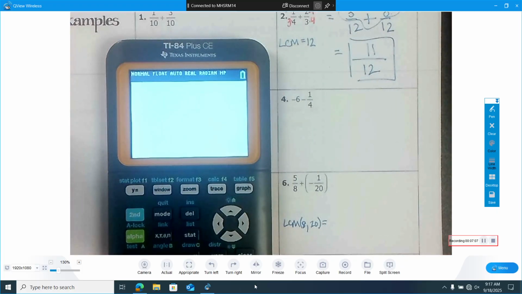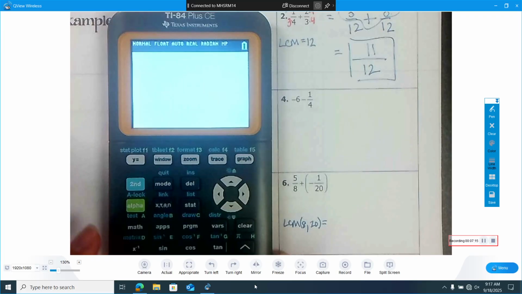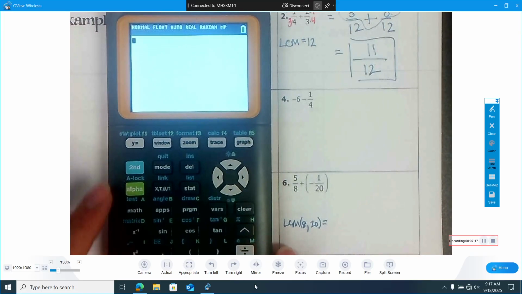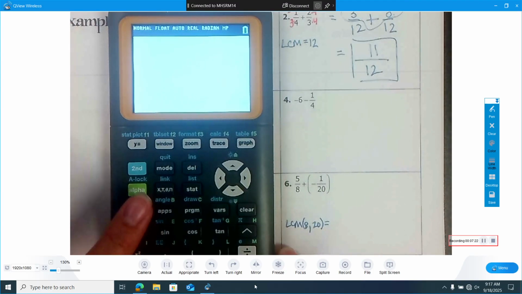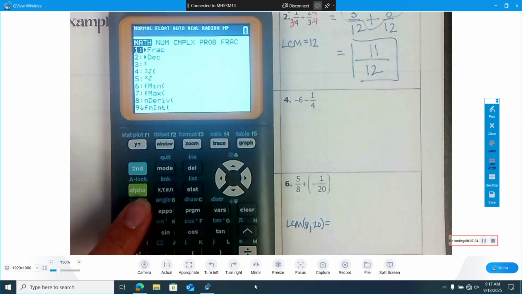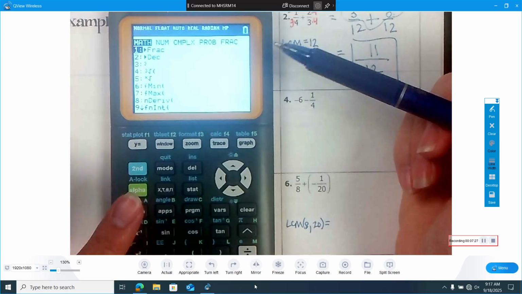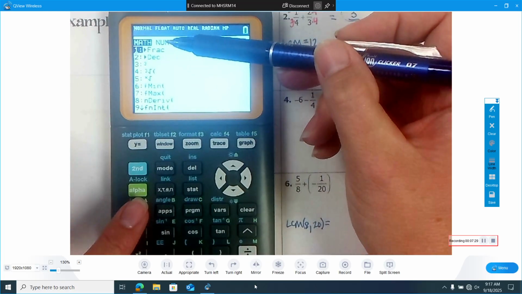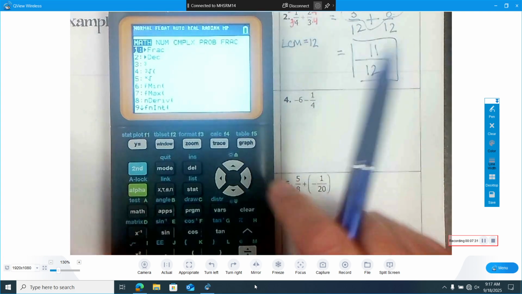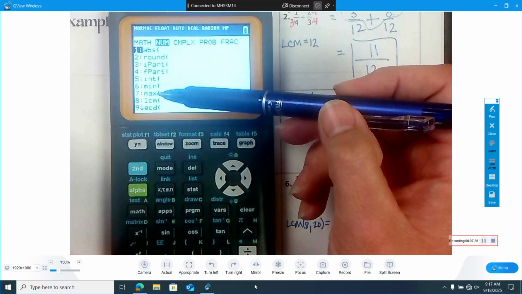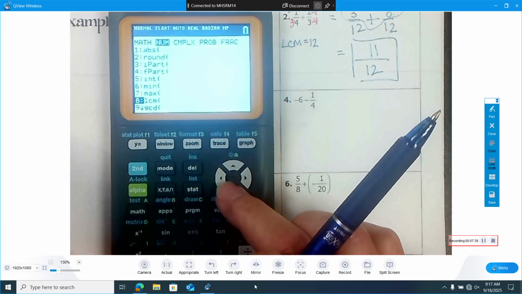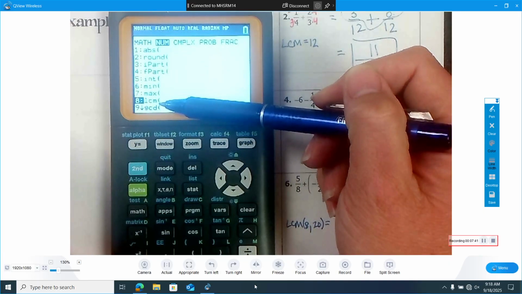We have this feature on our calculator, it turns out, and if you have your calculator handy, you should follow along here. The least common multiple is under the Math menu, and we're talking about numbers here, so we want to arrow over to NUM. Arrow down to number 8, which is LCM.